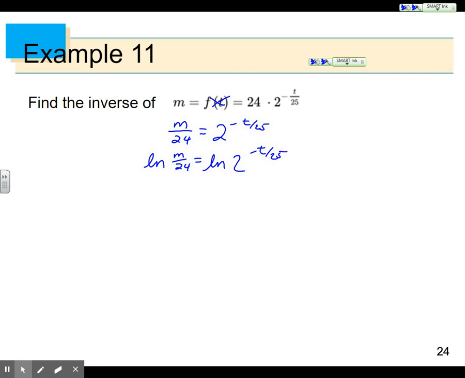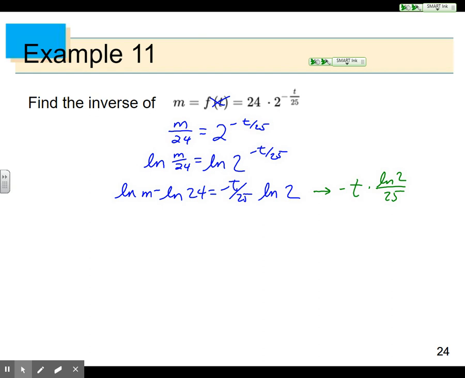So I can make these logarithms look a little bit better by using my quotient property on this left side. And I can use my power property on the right side to drop this exponent down in front. Now I'm going to do a little side note out here so I don't have to rewrite a whole step. This is the same as negative t times natural log of 2 over 25.